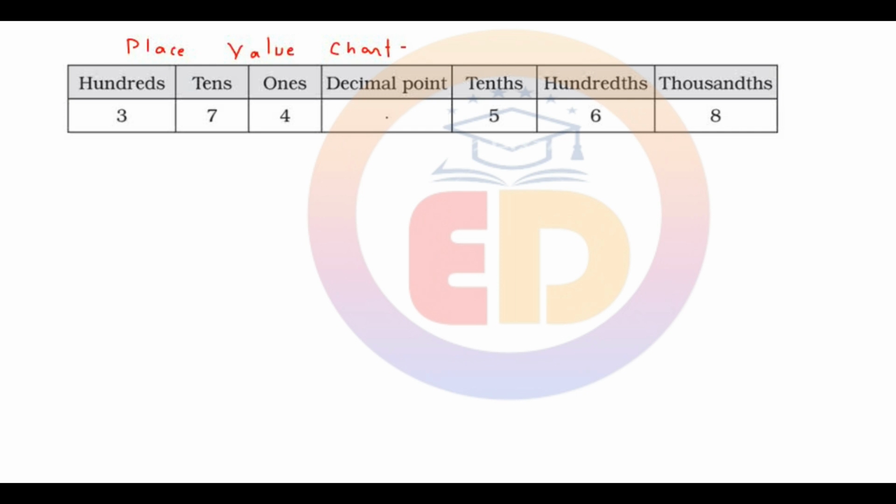Now friends, as we have an Indian place value system and an international place value system, we also have a place value chart for decimal numbers. In the place value chart of a decimal number, we have a decimal point at the center, and remember, on the left hand side it is the whole number.